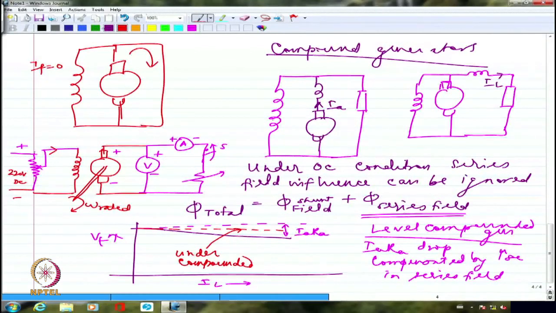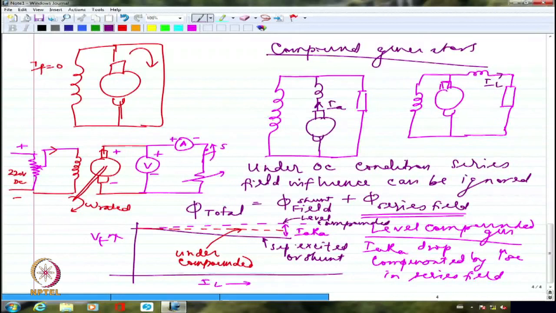This is just the separately excited or shunt. Right? This is roughly the level compounded. If I am getting a flat voltage, it is flat compounded or level compounded. Some people use flat compounded also because it is a flat, horizontal characteristic.